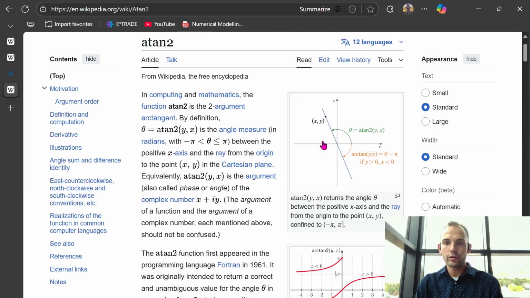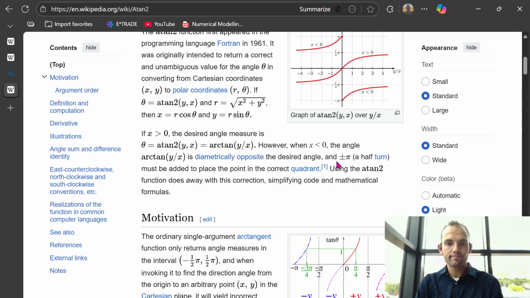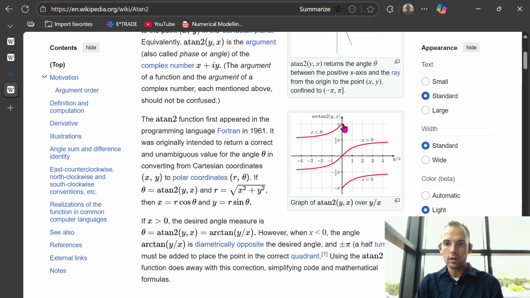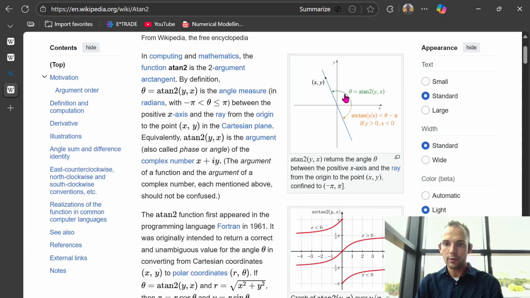What arctangent 2 does is record the sign, so you get 360 degrees of function output from pi to negative pi around the circle, rather than just this internal line, which would be the result of taking arctangent.